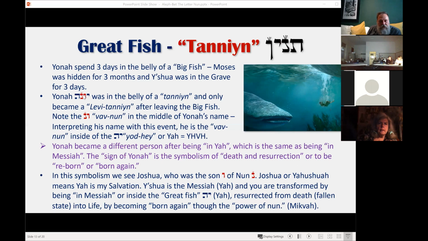So we see the Vav Nun, we know the Vav is man, the Nun is the fallen state, sit within the Yod and the Hey, and we now see that this big fish, which is the Leviathan, is actually Yahweh in disguise, because it's Yod Hey, which is Yah, the short form of Yahweh. Yonah was actually the Vav Nun that went into Yah for 3 days, and when the big fish spit him out, he was a mature nun, or a priest.